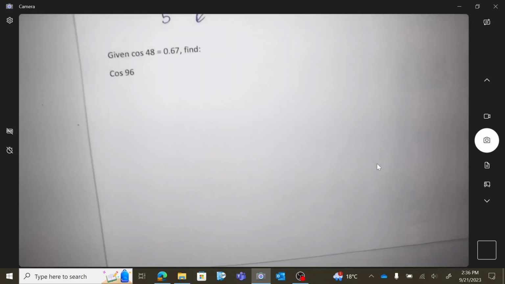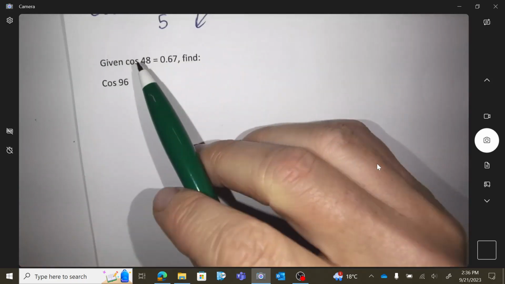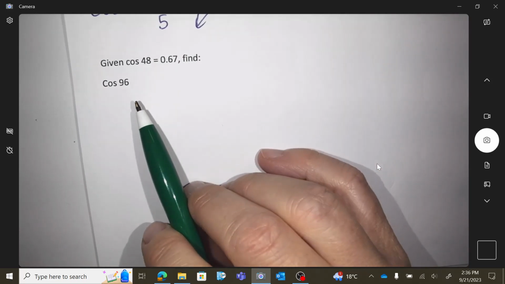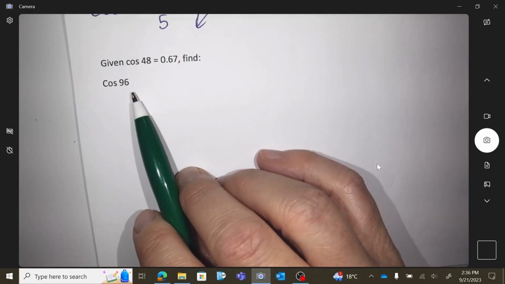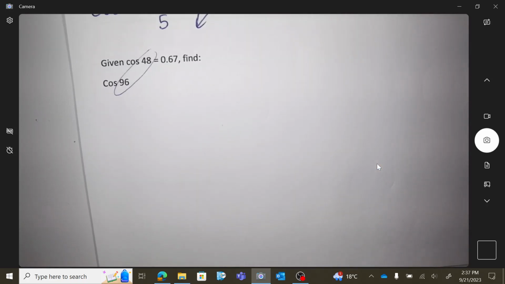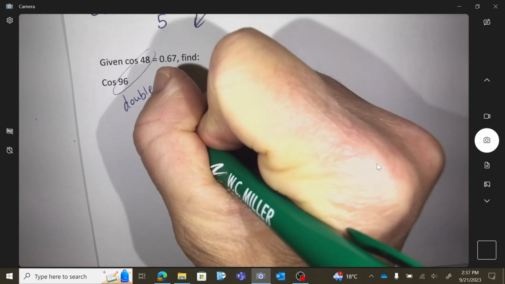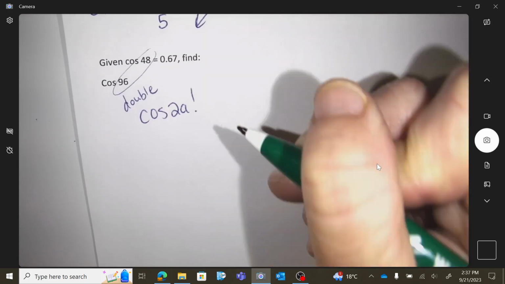Okay, this bottom question. If I'm given the cos of 48, find the cos of 96. What's the relationship between 48 degrees and 96 degrees? It's a double. So I'm going to be working with this, cos of a double angle.